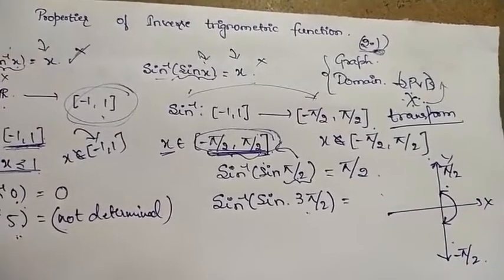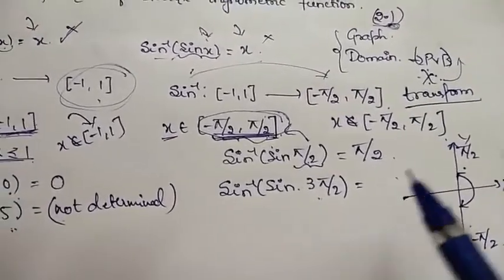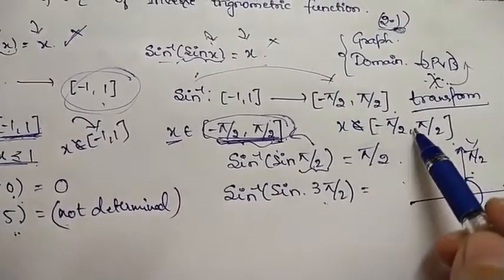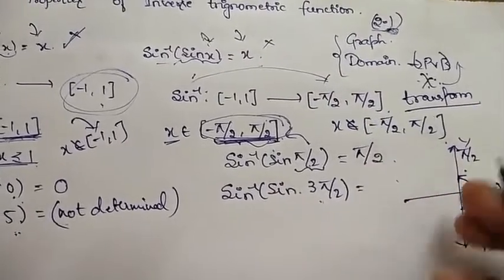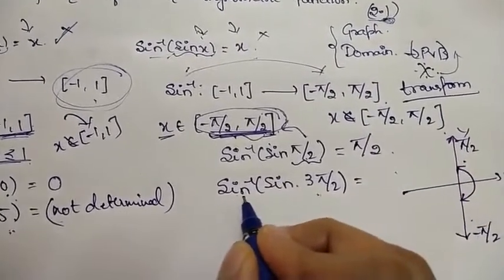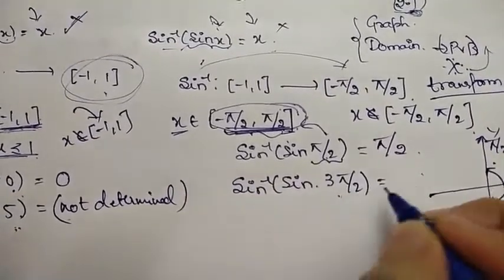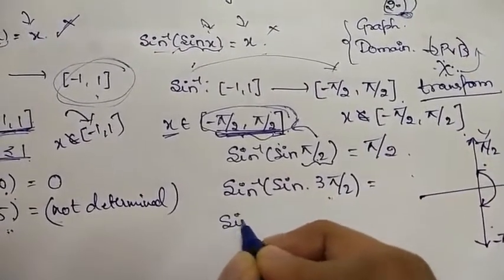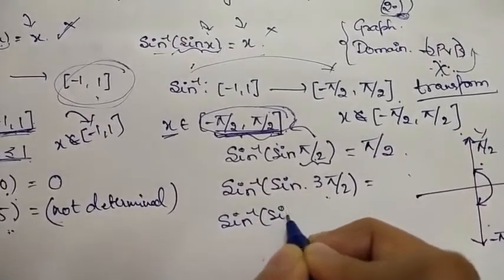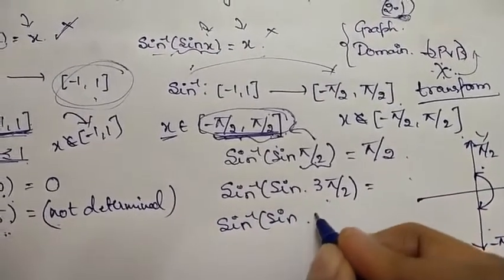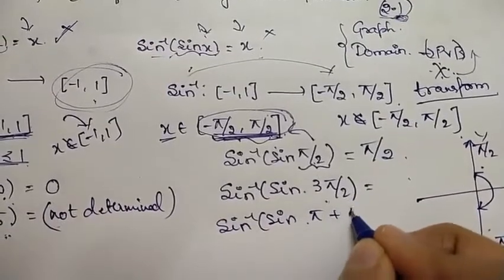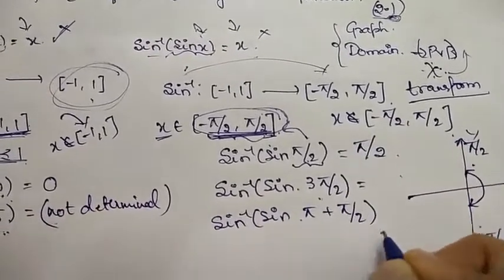Now let us see how we solve these types of questions when the angle does not belong to the given interval. Here we have sine inverse of sine 3 pi by 2. I can write 3 pi by 2 as pi plus pi by 2.